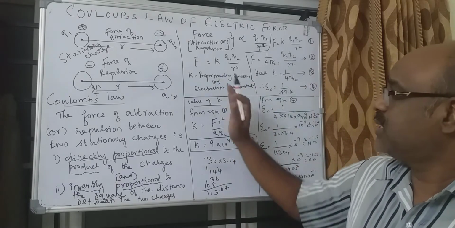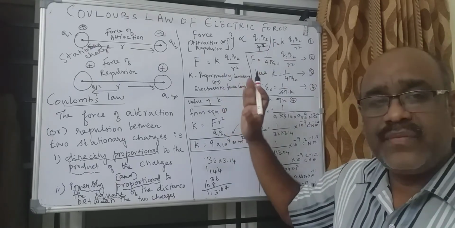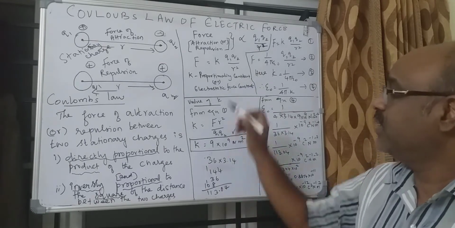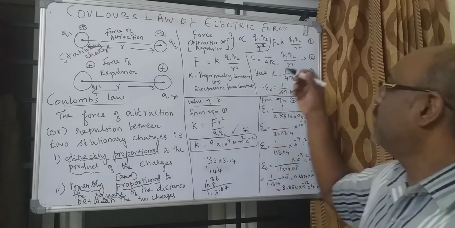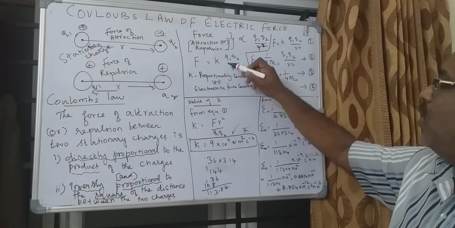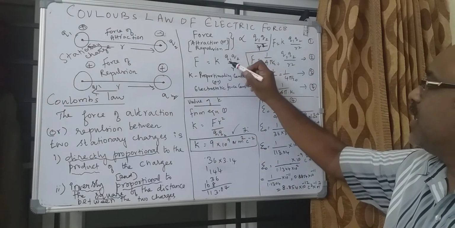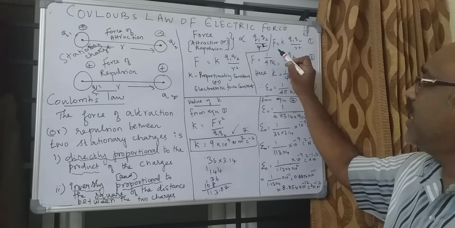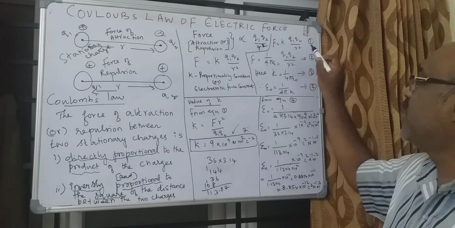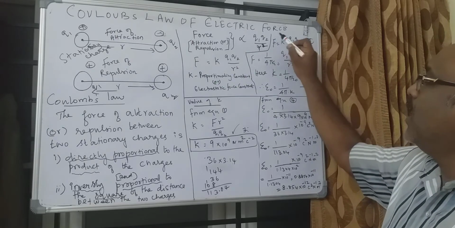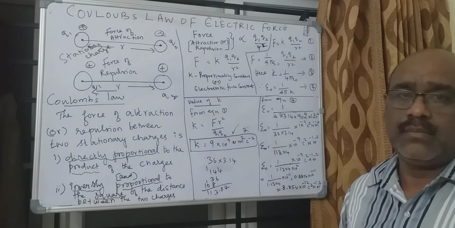Now we are going to see the value of K. What is the value of this proportionality constant? So from here all these equations can be written like this. F is equal to K into Q1 Q2 divided by R square, which we can keep as the first equation.